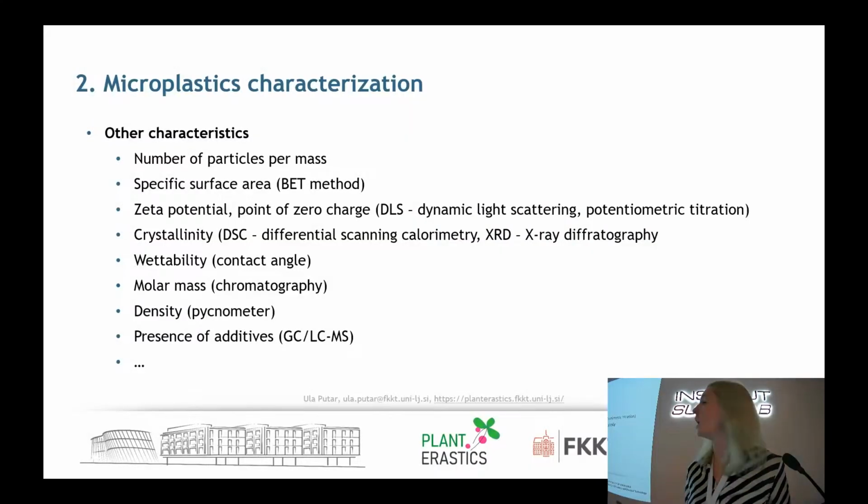So in a lot of cases, we cannot really determine it because it's too low. Of course, also zeta potential, crystallinity, wettability, molar mass, density is also possible to measure, and of course, always the presence of additives with some analytical methods. Of course, depending on what your research question is, you can adjust the characteristics of your particles.